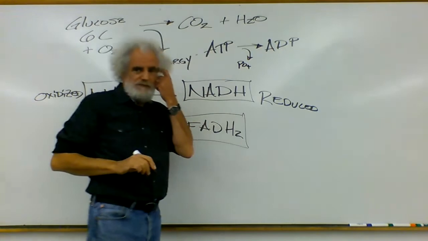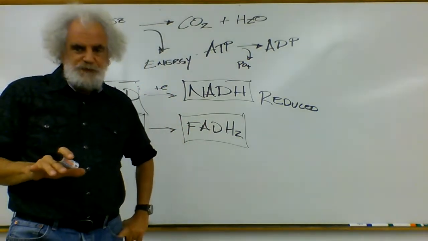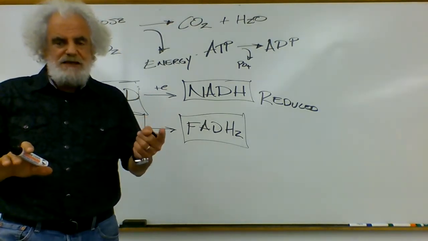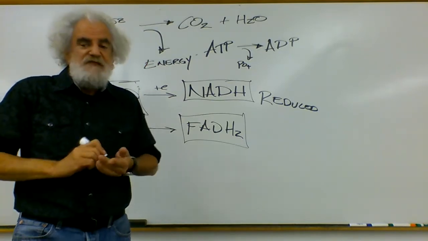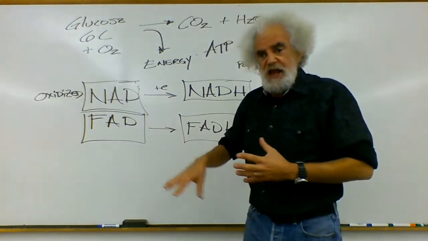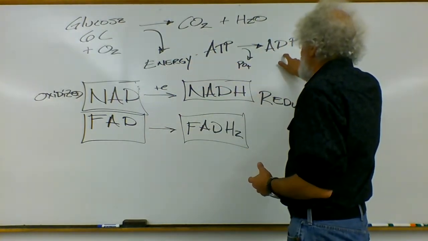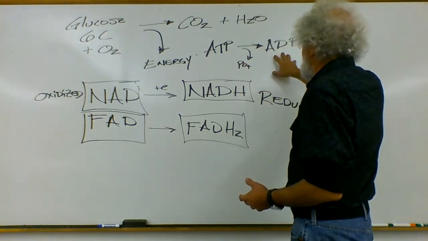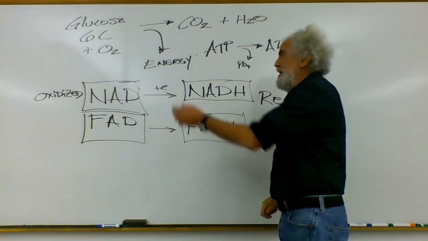All right? So, here is the point. We've got these molecules, ATP, NAD, and FAD, and they cycle between these two different states. In the case of ATP, they cycle between being the diphosphate and the triphosphate. So we can take ADP, add a phosphate, and convert it back to the triphosphate.